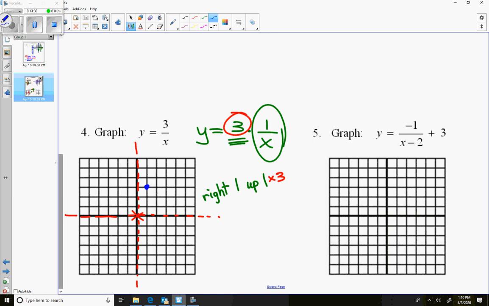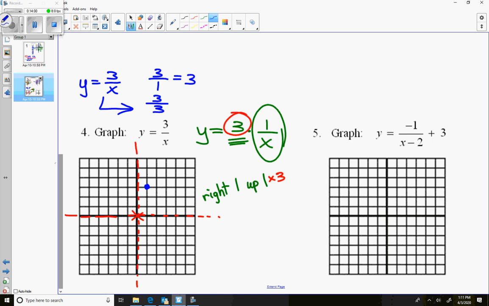Now, this function, though, is a little bit different than normal. Y equals 3 over x. So if x is 1, you plug 1 in for x, we get 3. Hence what we just plotted, the point 1, 3. But also from that graph, what if we let x be 3?